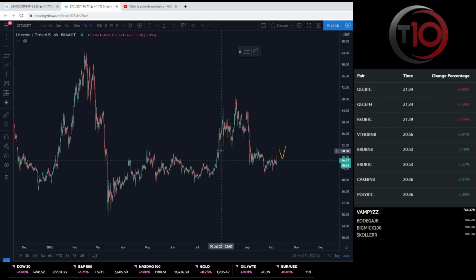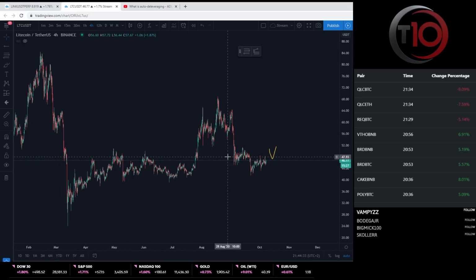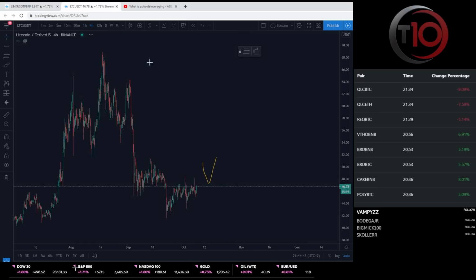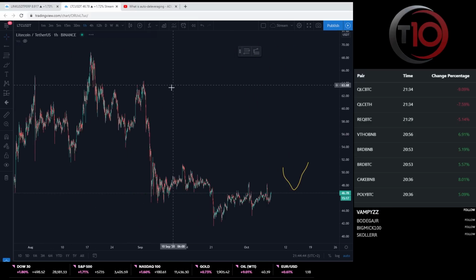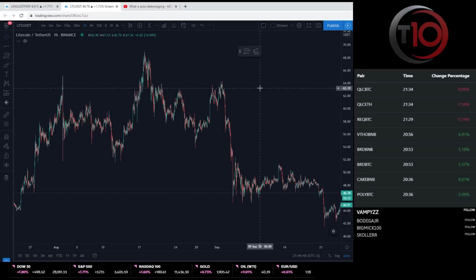So they just need to gain something. I didn't short Litecoin. I guess it gave somewhat. It really retested. Yeah, I guess they retested it here. But I wouldn't have taken this one, to be honest.